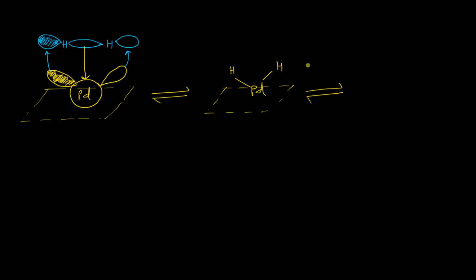In the next step the alkene will be adsorbed, and since the top face of this palladium atom is blocked by two hydrogen atoms, it will interact with this alkene along the plane. So here this will be our p orbital, one lobe of the px orbital. This is a d orbital lobe, this is another d orbital lobe. This will be our alkene.